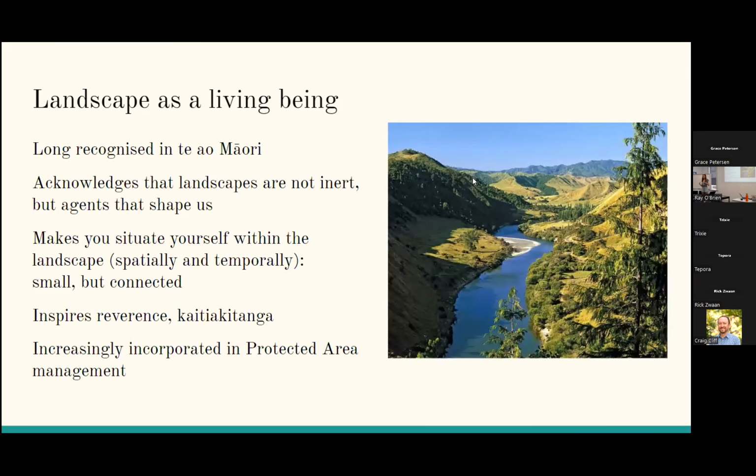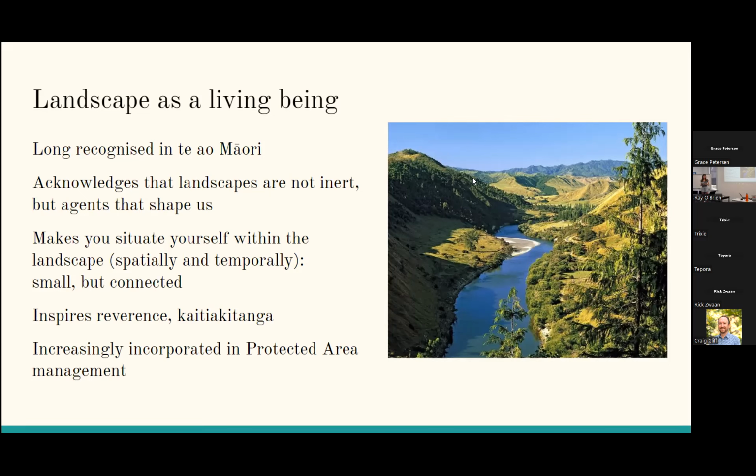So all of this comes down to the idea of landscape as a living being, which is of course something that has been long recognised in Te Ao Māori in New Zealand, with the idea of, as I mentioned at the bottom there, legal personhood. It's now being encoded a bit more in how we actually manage these places.